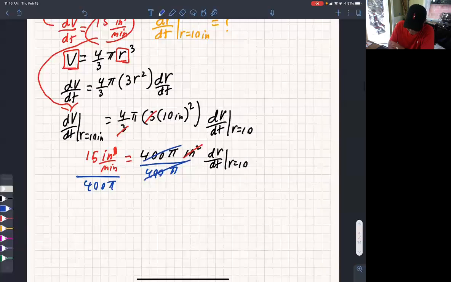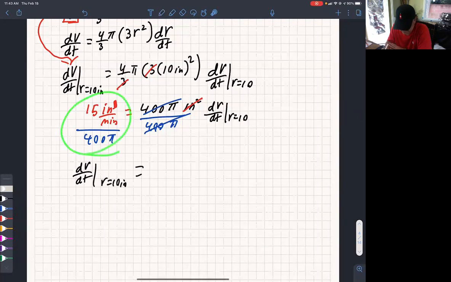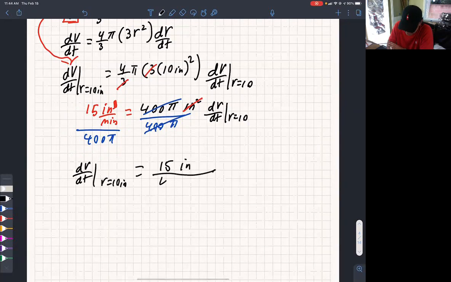And we have our final answer. dr/dt when r is 10 inches is all of that. So on top we have 15 inches. On the bottom we have 400 pi minutes. All right, that's the answer.